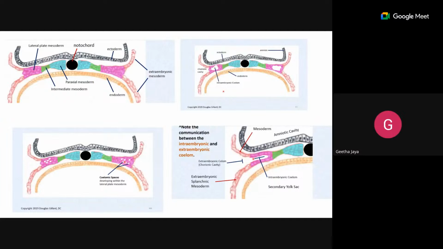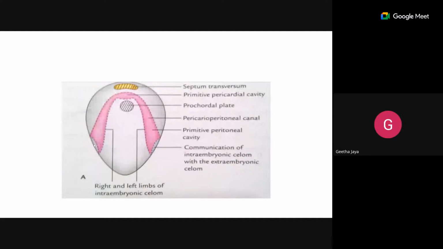So first the coelom, which is actually horseshoe shaped. Initially that is limited to the disc, but it opens into the extraembryonic coelom.